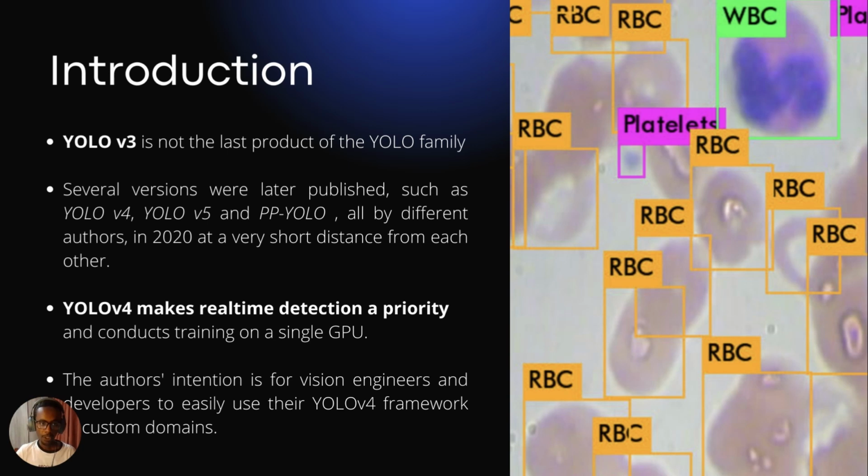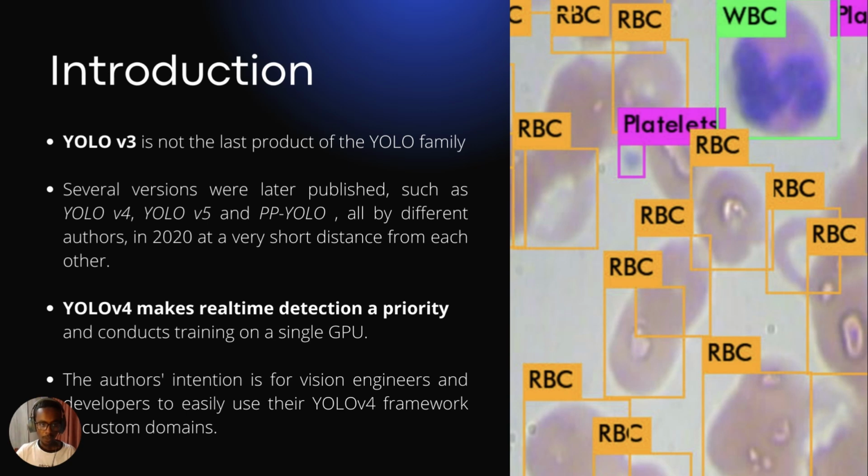Some of the major modifications made in YOLOv4 were to make it a real-time object detection network, and they gave priority to conducting the training procedure on only a single GPU. So they wanted to make the YOLOv4 network more efficient, and they only wanted to implement the training procedure using a single GPU.